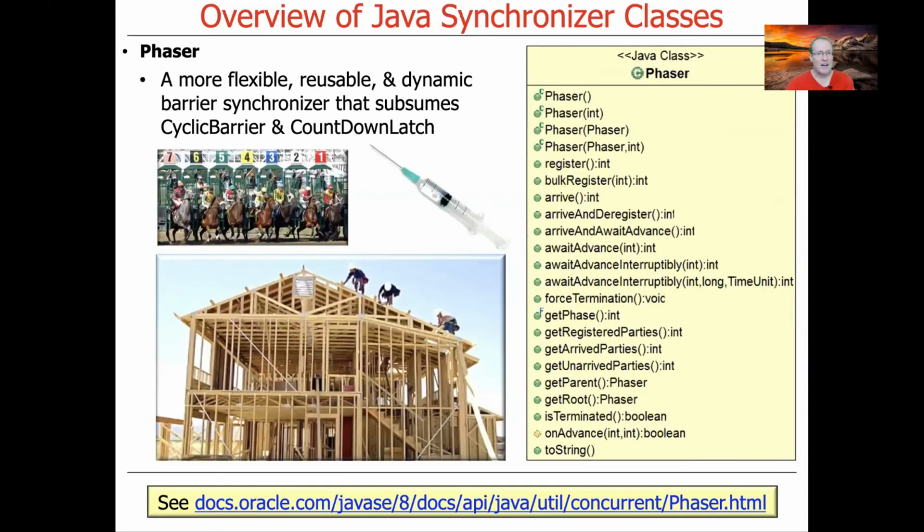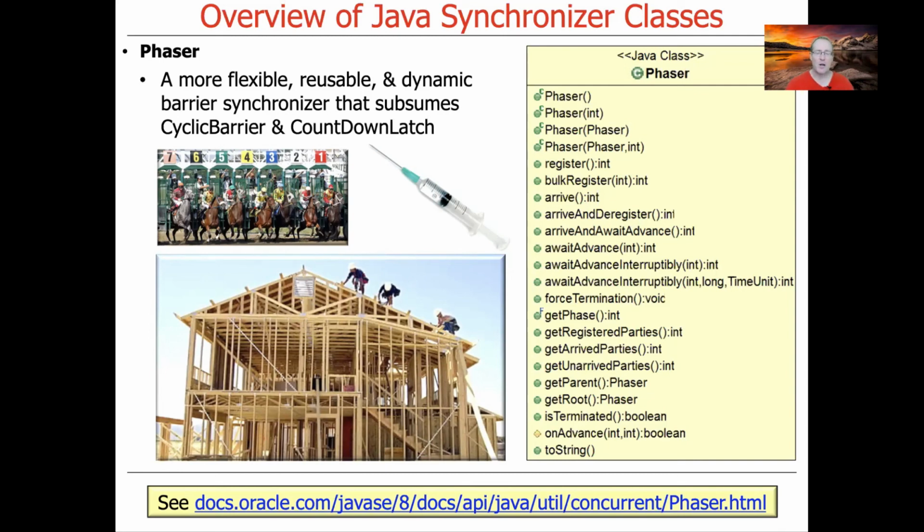And then the final type of barrier synchronizer we're going to cover is called a phaser, which is a more flexible and more dynamic way of doing things like cyclic barriers, where you don't have a fixed number of parties who are doing the tasks. So the example here might be something like people who are building a house. You might have people who come and put up the frame, and there's maybe 7 of them, and they wait till they all show up to start work.